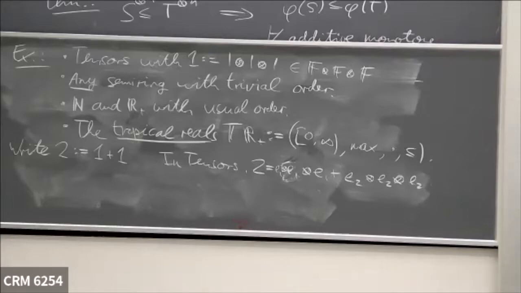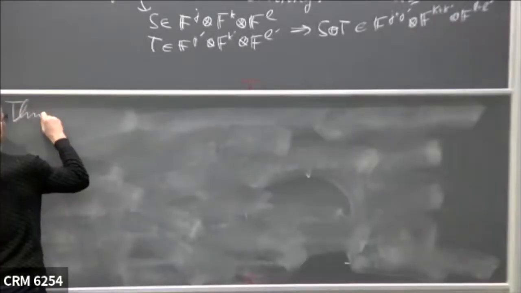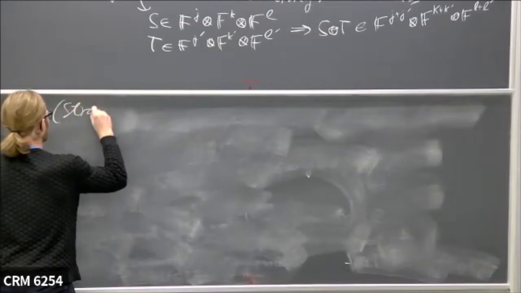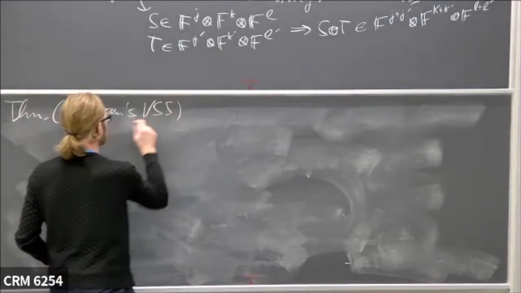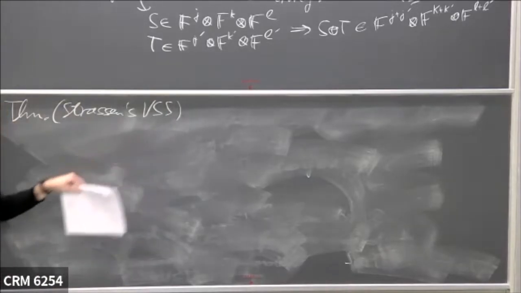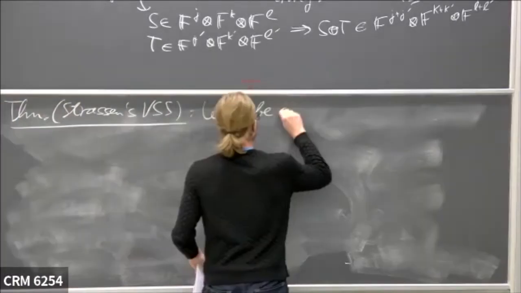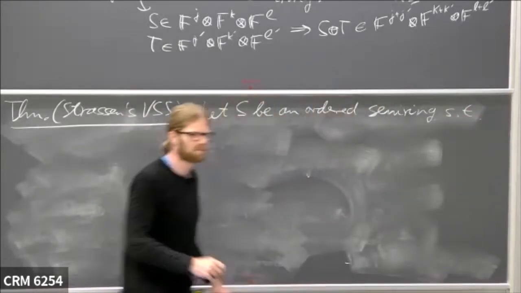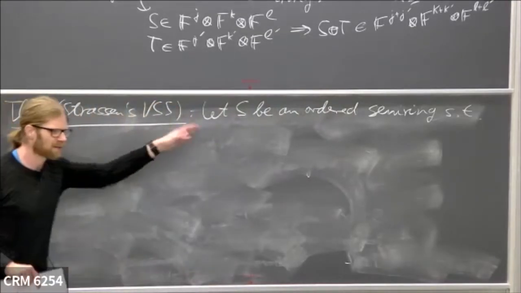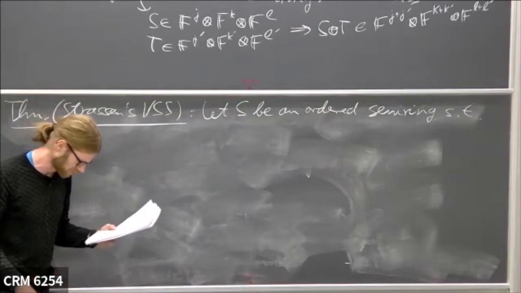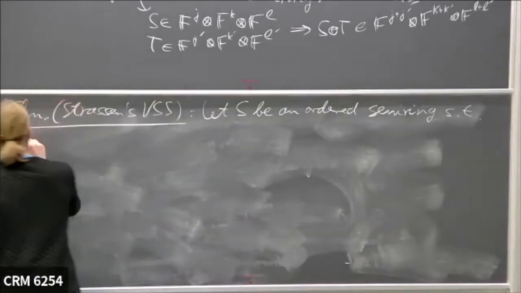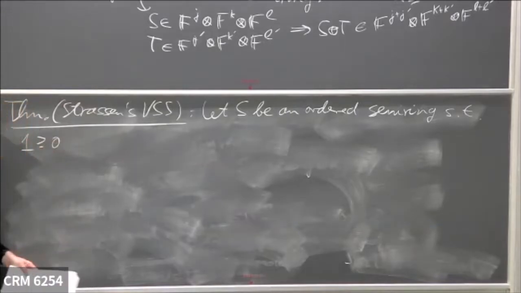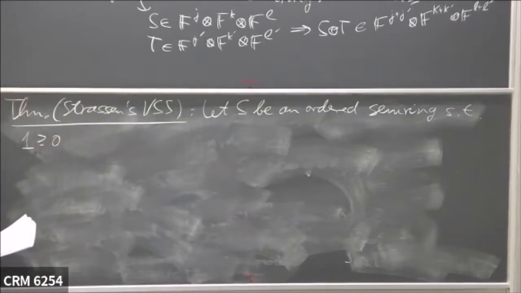Okay, so let me write down Strassen's version. This is Strassen's Vergleichsstellensatz. And then I'll also explain where the term comes from afterwards. Here we have an ordered semiring S, and we need an additional assumption that says that in some sense all its elements are bounded. First of all, we need that one is greater or equal to 0, which, as I said, I don't really want, but we'll get to how to get rid of that.